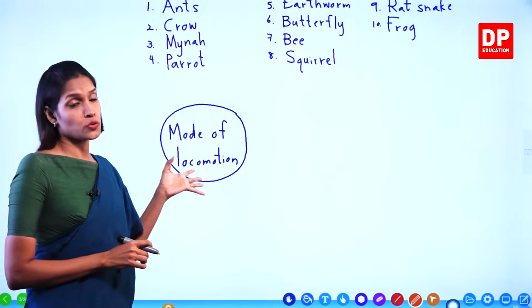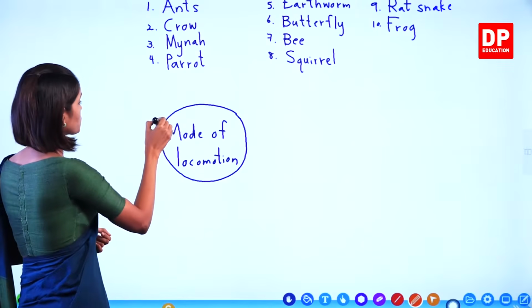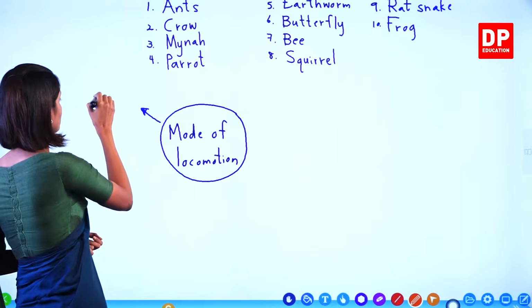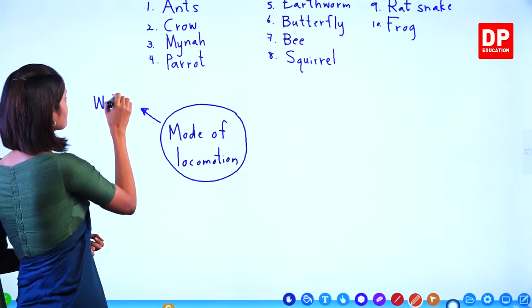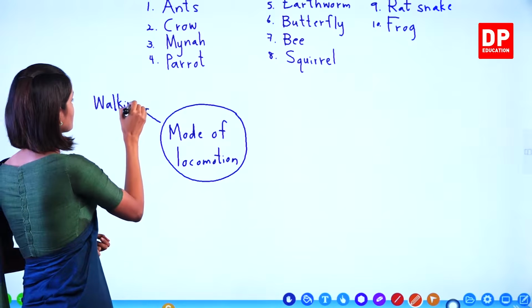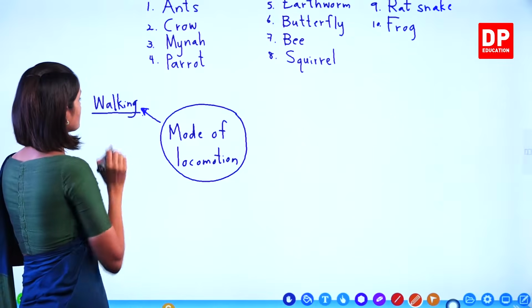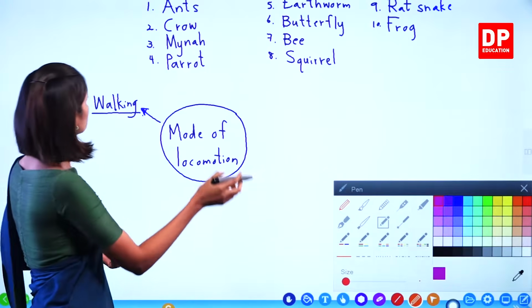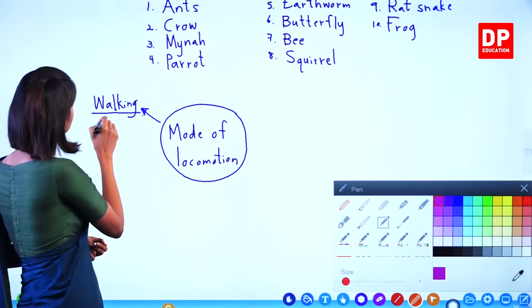Ants, they walk. They have legs and they walk. Therefore, first method we will write as walking. Walking. So we will write the examples for the animals who walk. We will write ants.